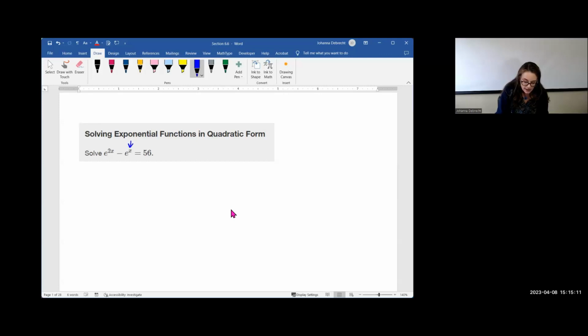First off, notice that I have x and I have double that. If I have double that, this is actually e to the x squared. Why is it e to the x squared? If I take e to the x and I square it, remember that is one base, two powers. You multiply the powers. And so this gives me e to the 2x.